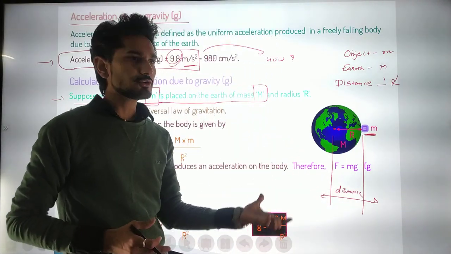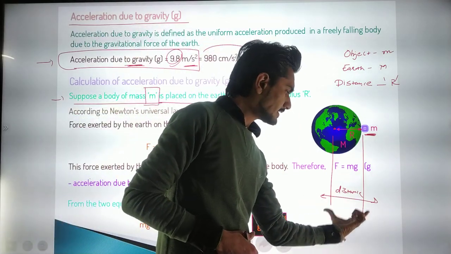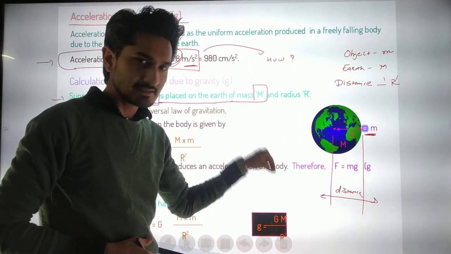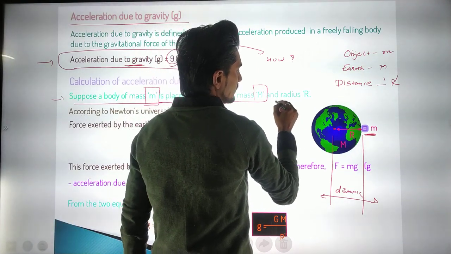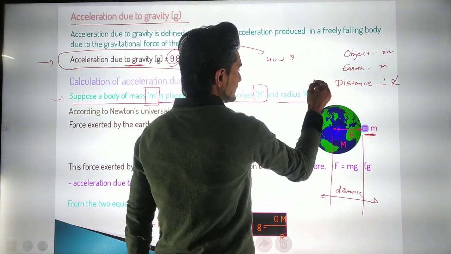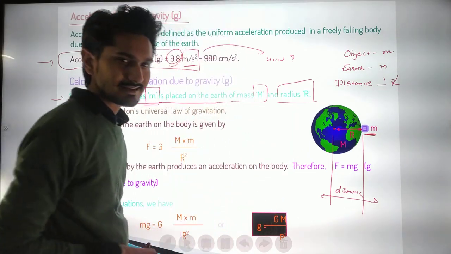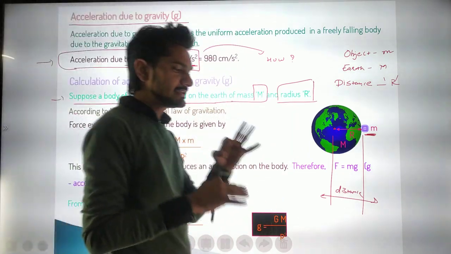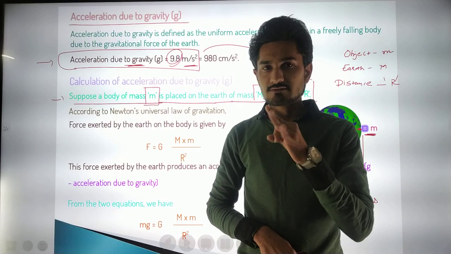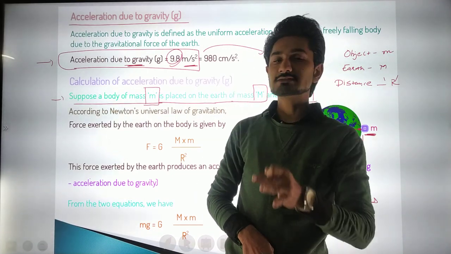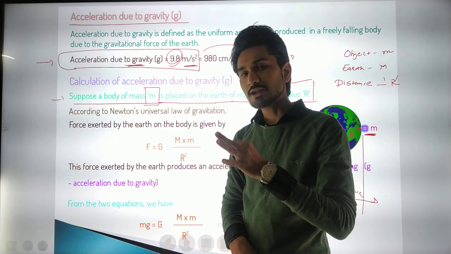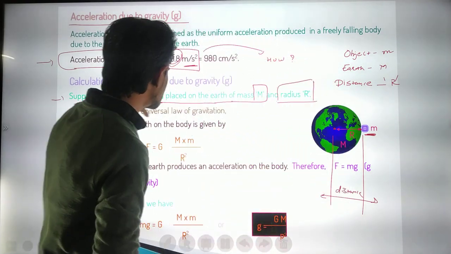Whatever alphabet you want to take, you can take it. But in this topic, the distance is signified by r, the radius r. So all three things that we have seen in the universal law of gravitation, we are going to put these three values.